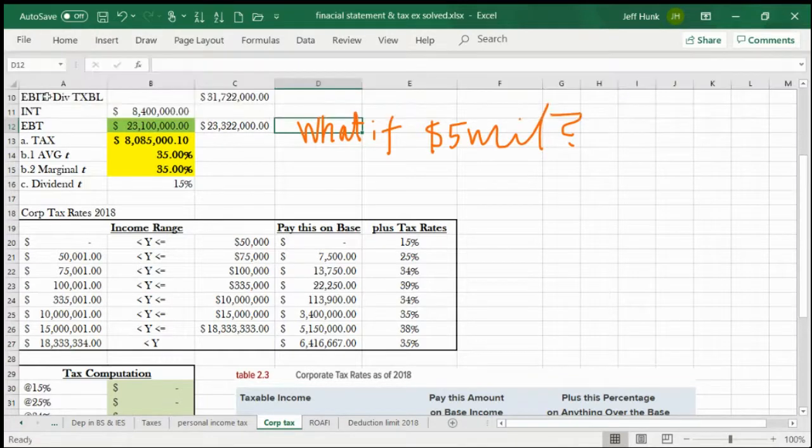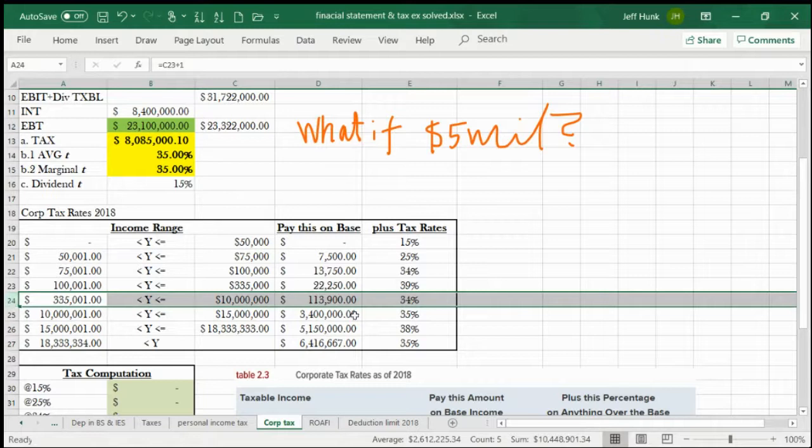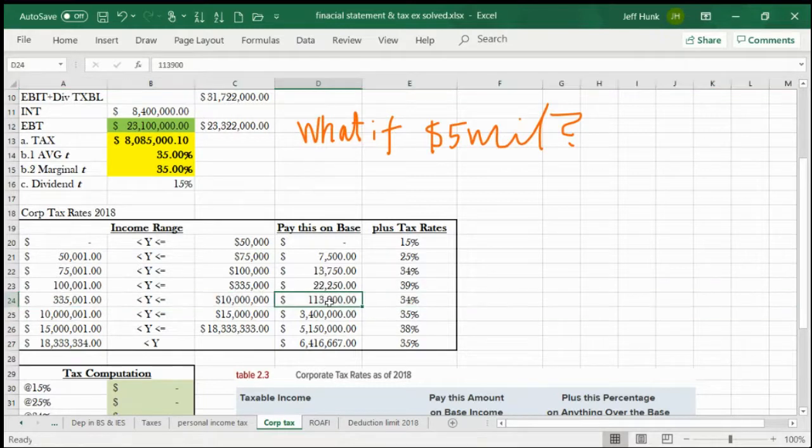Because it falls here, for every bracket there is a base amount.